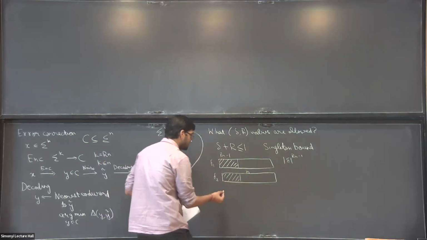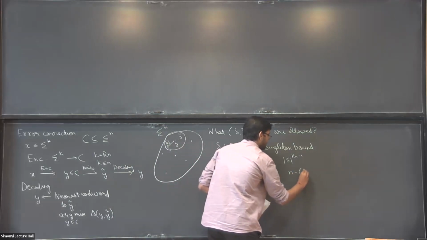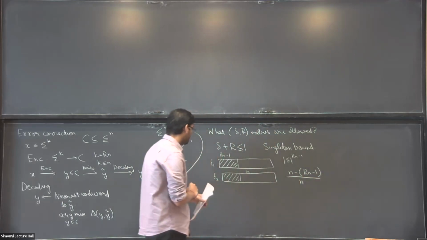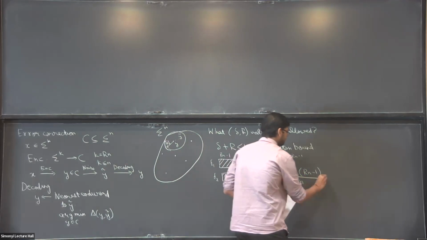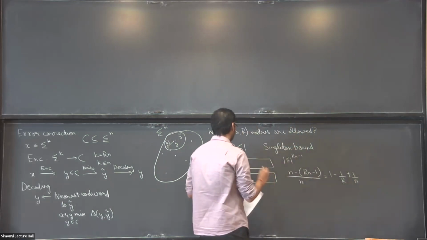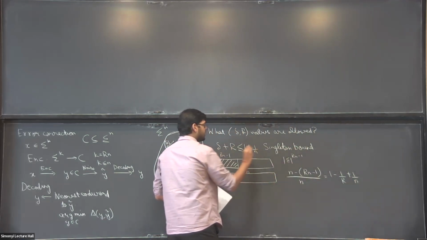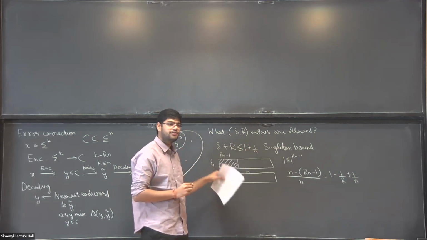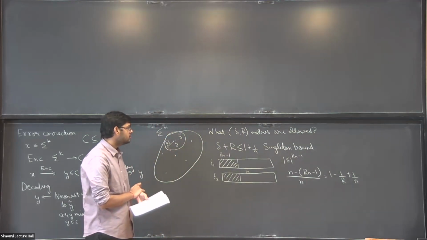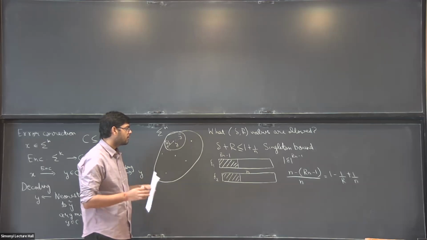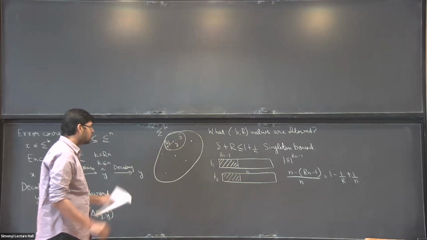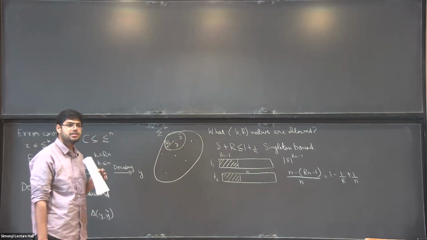So yeah, in the Singleton bound, there's also this plus 1 over n, but typically because we consider infinite families, this 1 over n term just goes away. So anytime we have a rate R code, the best distance we can hope for is 1 minus R.